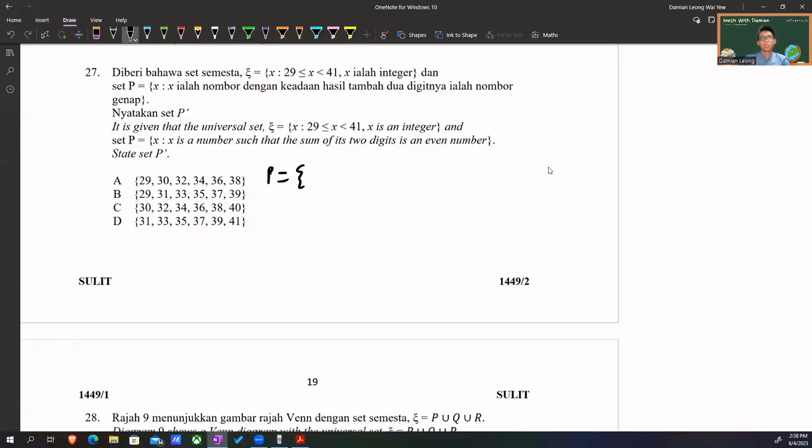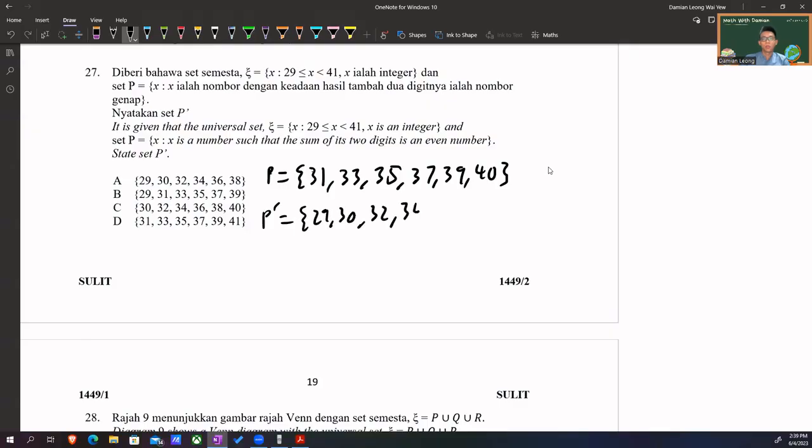Sum of its 2 digits is an even number. 2 plus 9 is not even. 30 is not even. 31, 33, 35, 37, 39, and 40. So P complement would be everything else. Means I have 29, 30, 32, 34, 36, 38. Answer will be A.